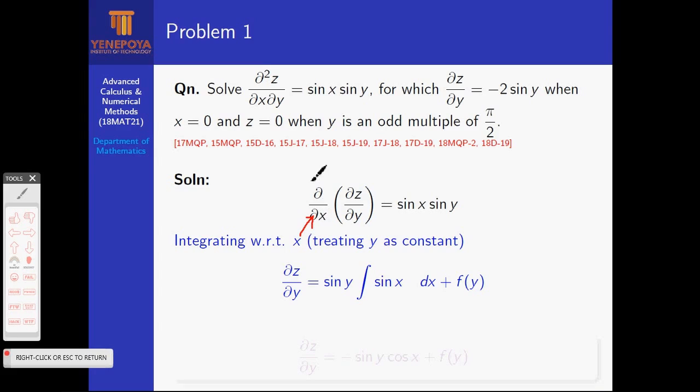On integration, ∂/∂x gets cancelled, then ∂z/∂y equals sin y, a constant taken out of the integration, times the integral of sin x with respect to x, plus the constant of integration, which must be a function of y since y is constant here.